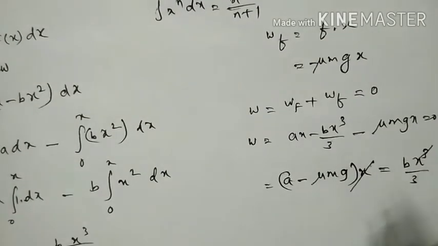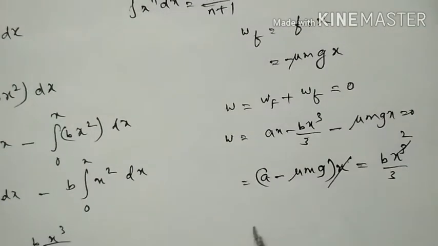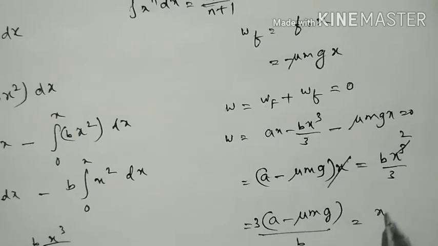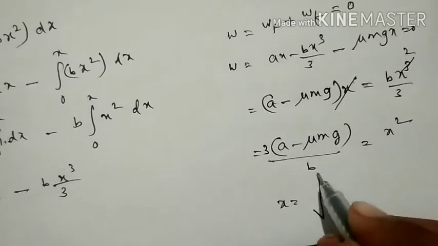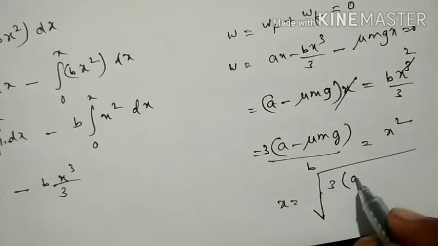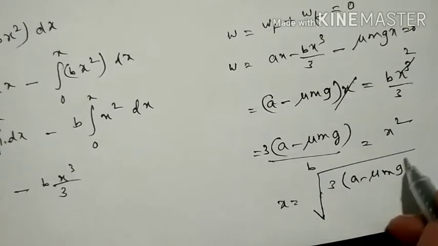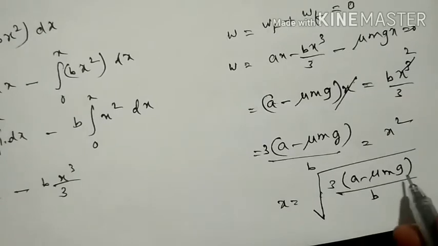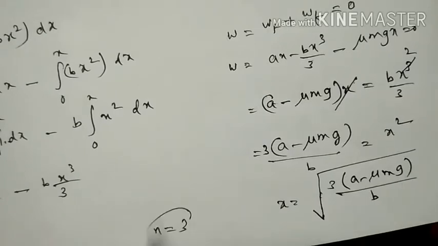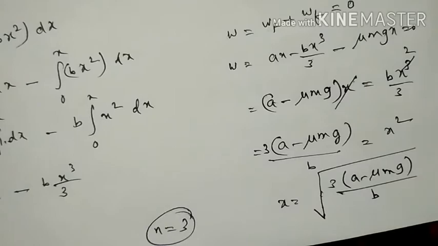So you can write x square here. So (a minus mu mg) multiplied by 3 divided by b is equal to x square, or x is equal to root of 3 into (a minus mu mg) by b. So I compare this, you will get n is equal to 3.